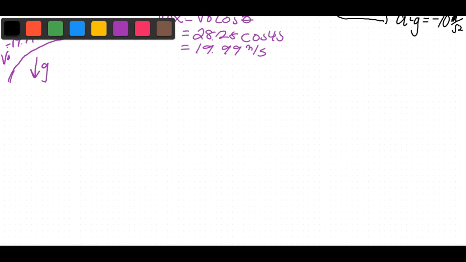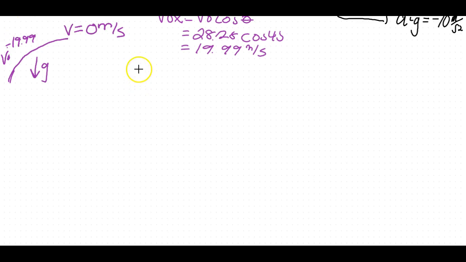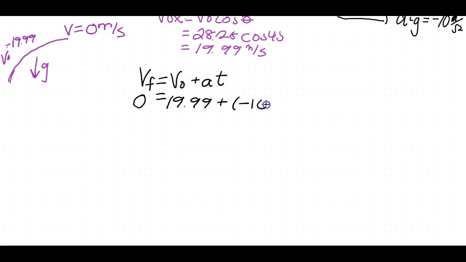So we can figure out what the time up is using this equation. V final equals V initial plus acceleration times time. So that is going to be 0 is equal to 19.99 plus acceleration, which is gravity, negative 10 times t.